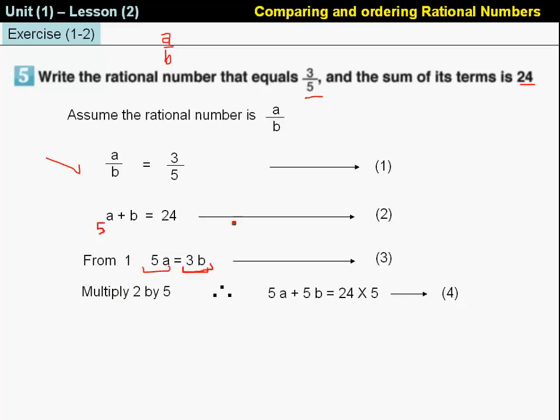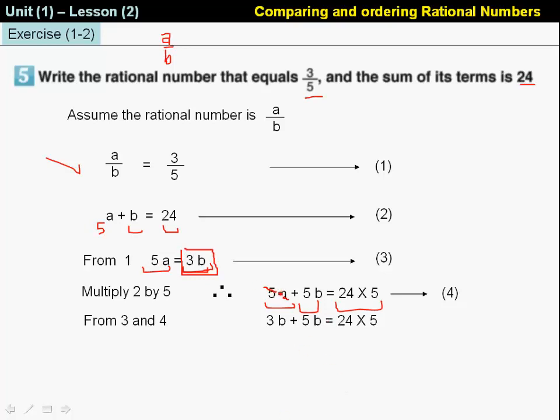So, multiply equation 2 by 5 gives 5a plus 5b equal 24 times 5. This is equation number 4. So, we can replace 5a with the 3b in this equation.